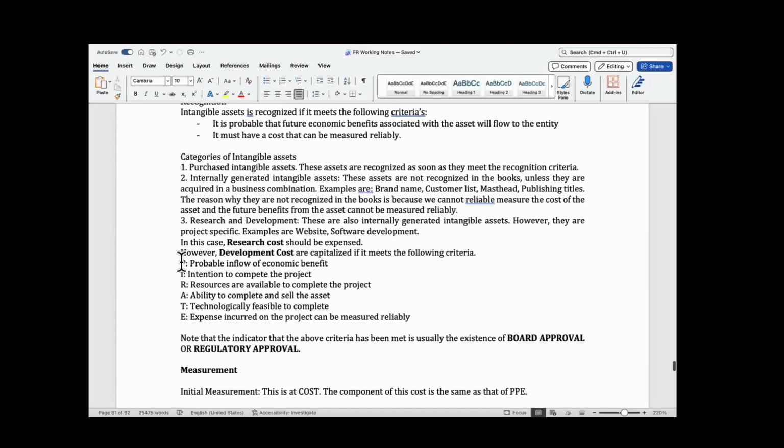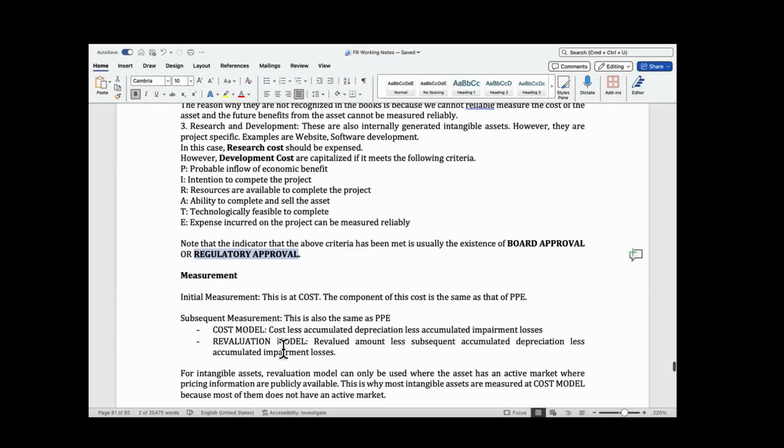An indicator that shows these 6 criteria have been met is the existence of a board approval or regulatory approval. These two show that we have met these criteria. And the measurement is also similar to that of IAS 16.